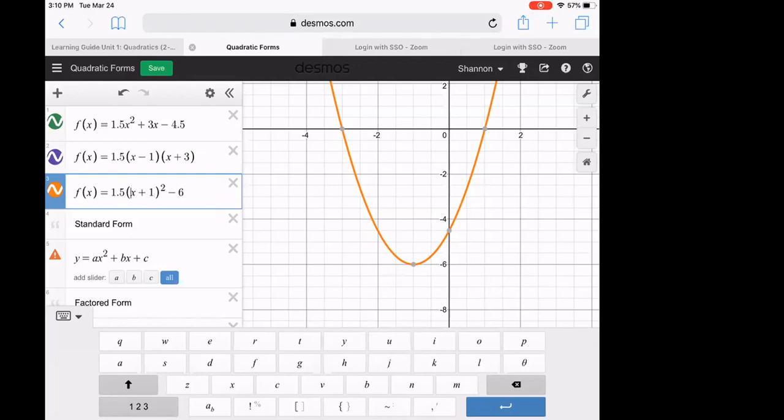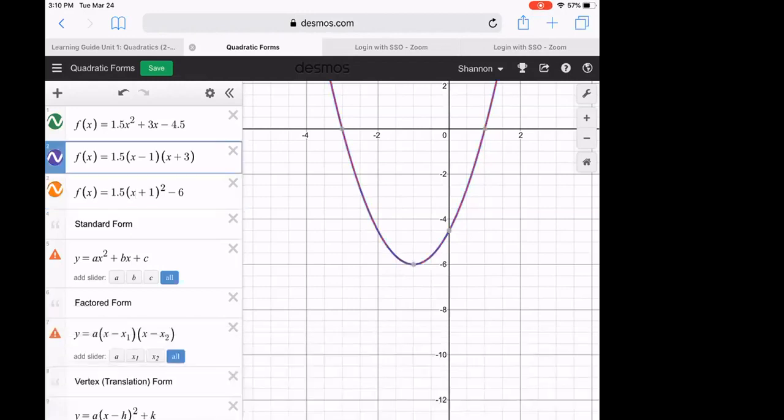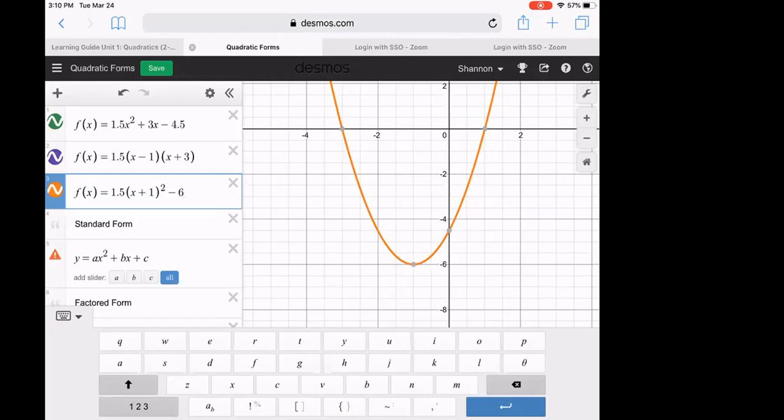And your horizontal shift is in the opposite direction. So if it says x plus 1, yeah, it's going to go to the left 1. And then the -6, of course, that's your vertical shift. And that's just as is. So if it says -6, yeah, it's going to go down 6.